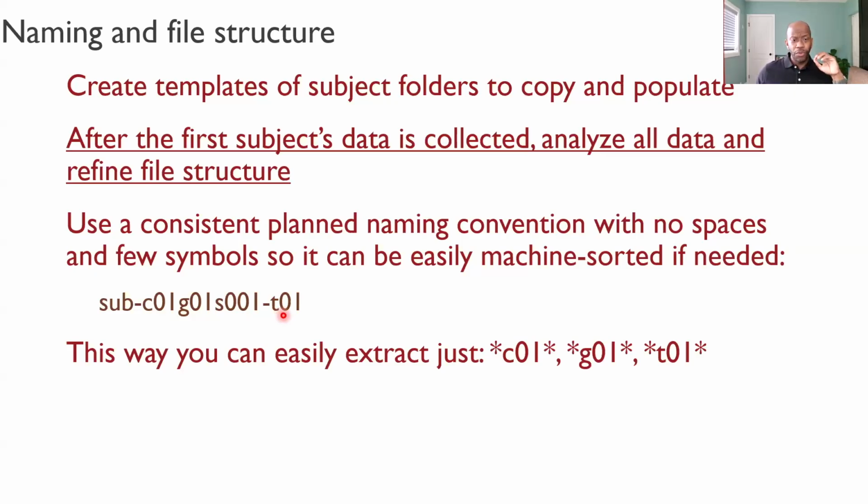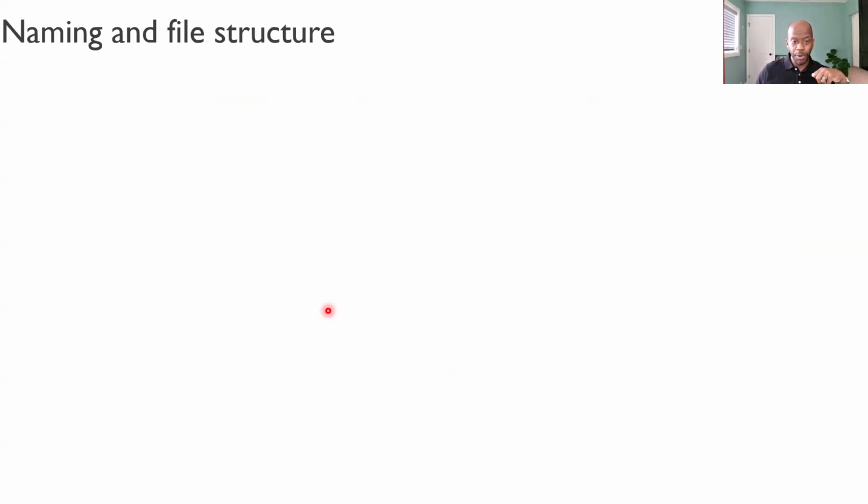The reason why this is really helpful is because if things are machine readable, which we'll talk about in a moment, you can very easily write code that iterates through your cohort or group or subject or trial. Okay, so a really, really important thing to do before you start collecting your data is figure out how you want to name your files.